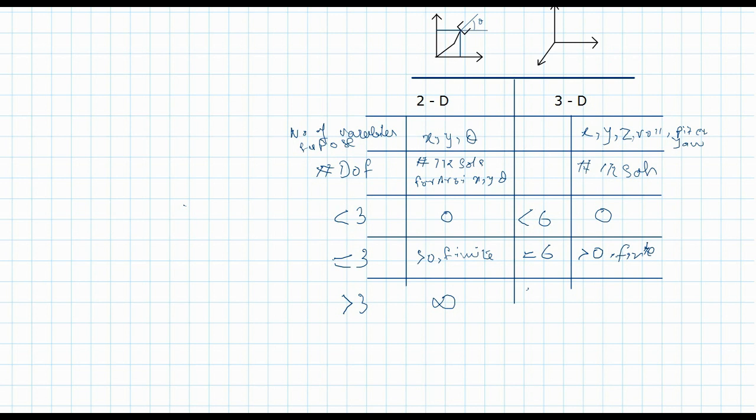And if we have more than 6 degrees of freedom, then there will be some workspace where we can have even infinite ways to achieve any combination of position and orientation. In the next part we will look at an example of each of these, and in particular the 3D case.